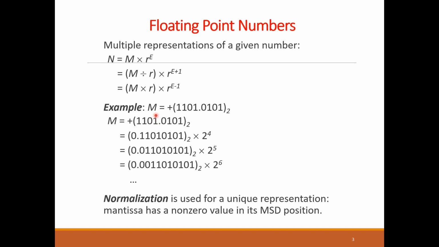Here it is 2 to the power 0, 2 to the power 1, 2 squared, 2 cubed. Because the binary point is moved to the front, it became a fraction, so you have to multiply it by 2 to the power 4.